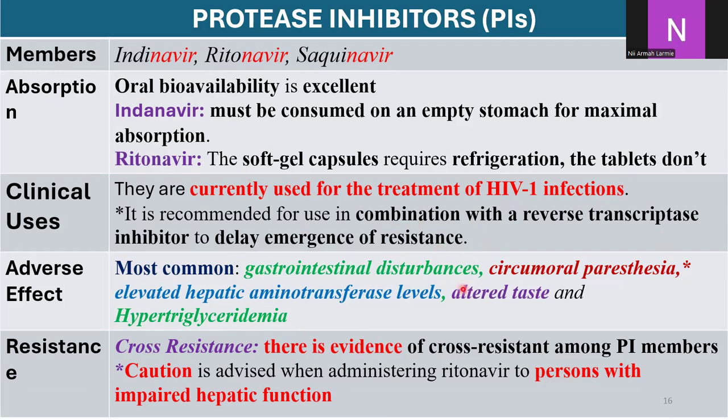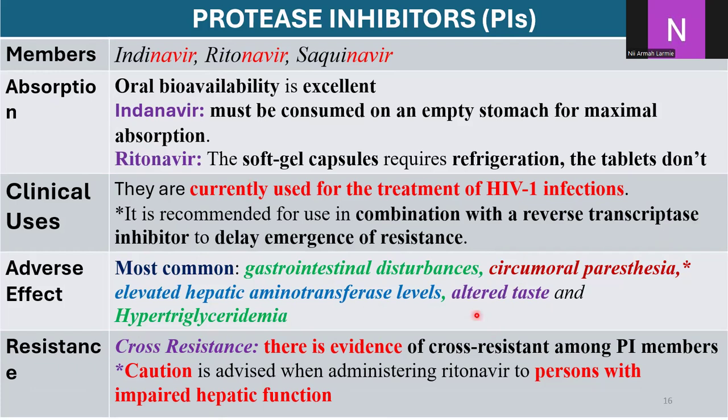It's been shown to cause circumoral paresthesia. It's been shown to affect the liver by increasing the aminotransferase enzyme levels. It's also been shown to increase triglyceride levels, and it alters the taste for some patients.